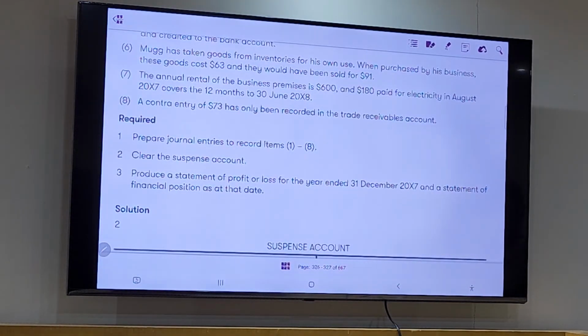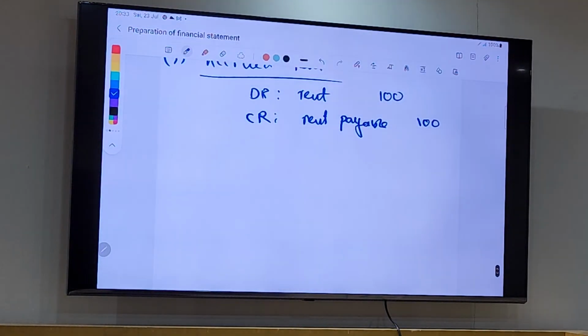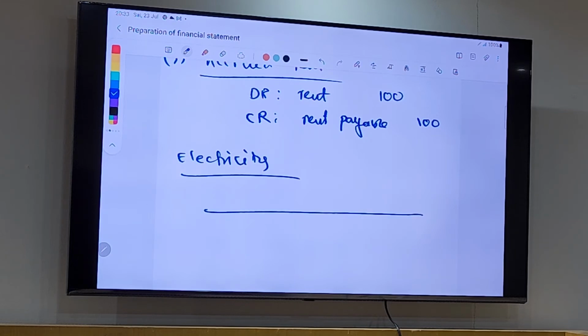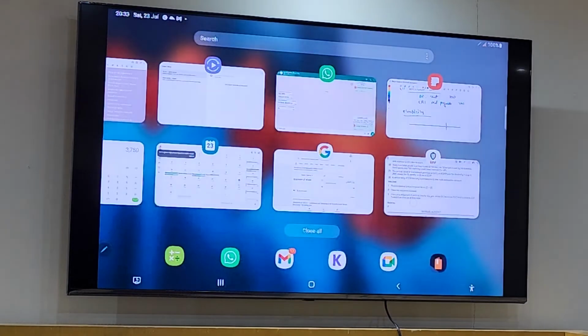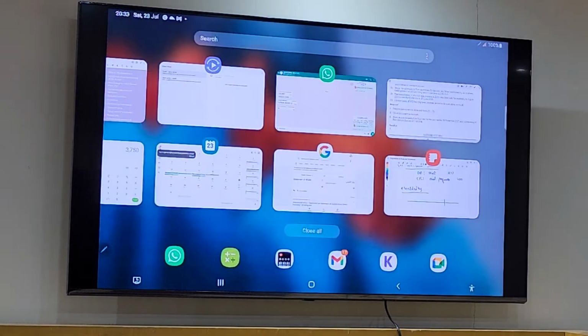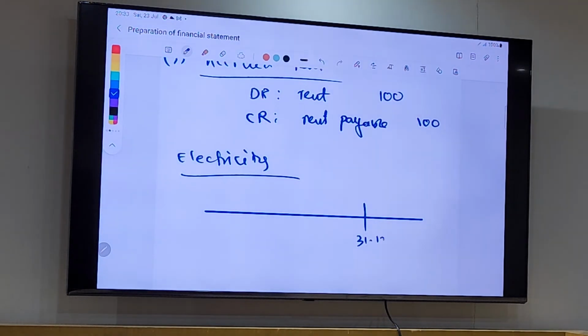180 paid for electricity in August 2017 covers 12 months to 30 June 2018. So 6 months is prepaid. Our year end is 31st December 2017.